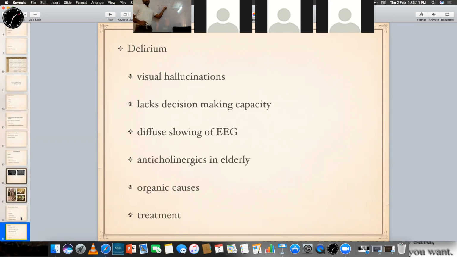Theta waves are seen in stage 1 of your sleep. Basically, sleep has REM sleep and non-REM sleep.